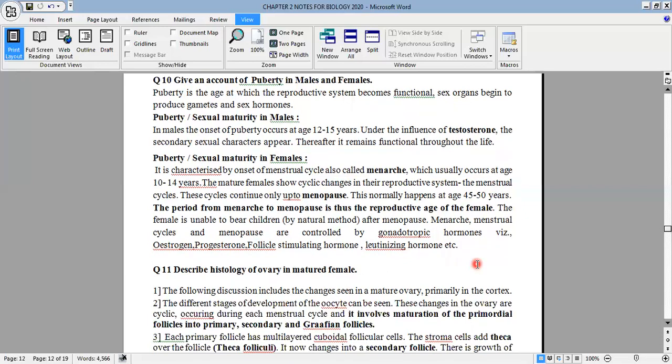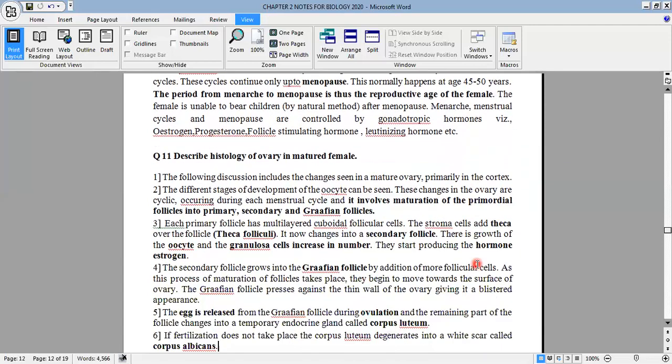Later on, we are going to study the entire process of menstrual cycle which takes place in females. Before starting with the menstrual cycle, let us go through histology of ovary in mature females.